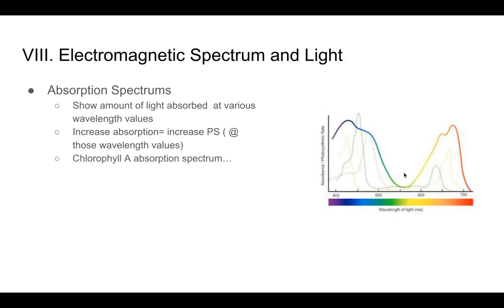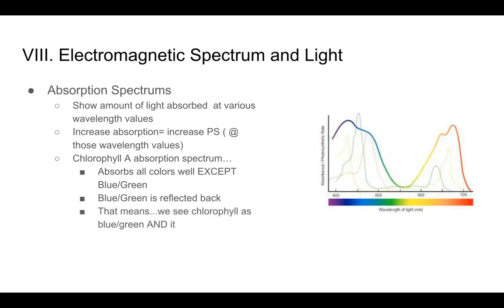Specifically, I want you to know about this spectrum because it has cropped up on past AP tests. The chlorophyll A absorption spectrum shows us that A is good at absorbing all colors pretty well, except those that exist in the blue-green color wavelength, which is what is reflected back to us. And that's why so many plants look green, right?